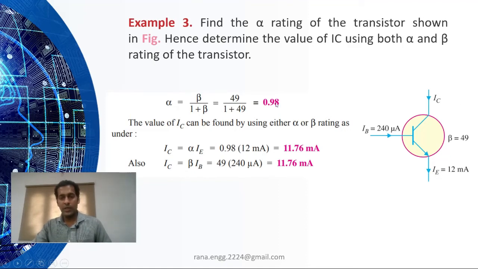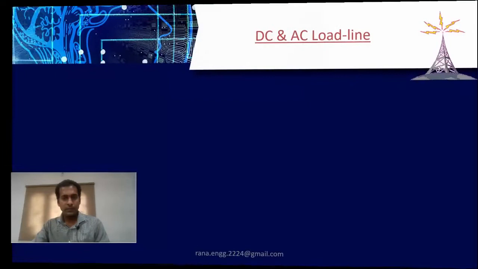So beta is 49, so alpha is 0.98. For the value of IC, this particular current, we know the relation alpha is equal to IC by IE, and we know the beta relation, it is IC by IB. By using both relations we can find out the currents. Right. So like this you have to solve the examples.